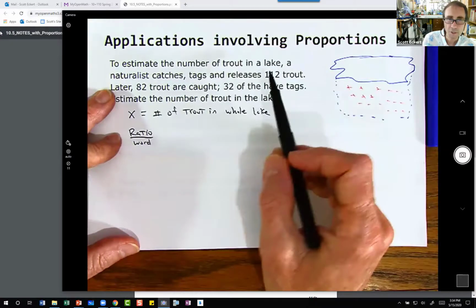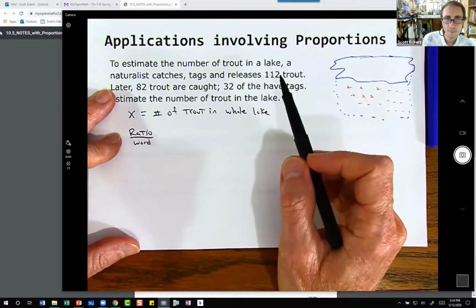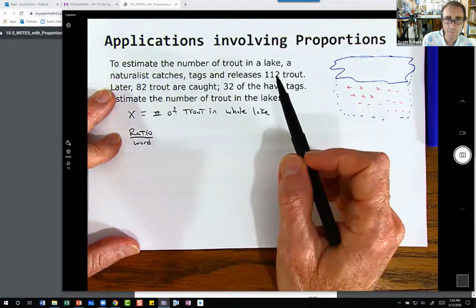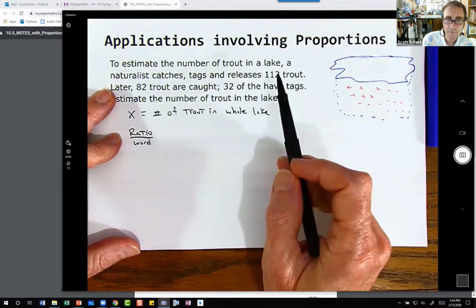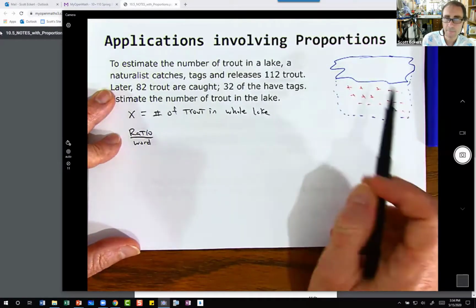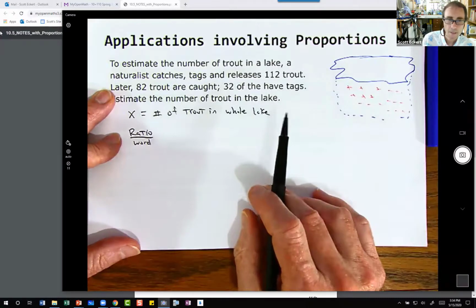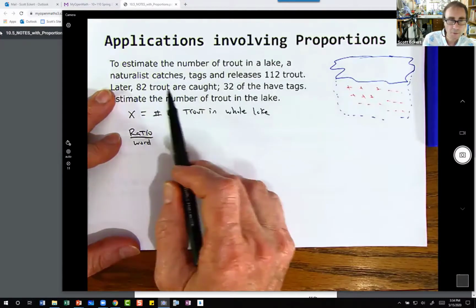When he went fishing in the whole lake, he caught 112 that have tags now. So this 112 is related to the whole lake. So I think there it is again. 82 were caught.